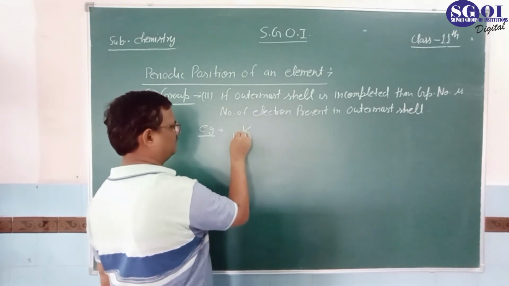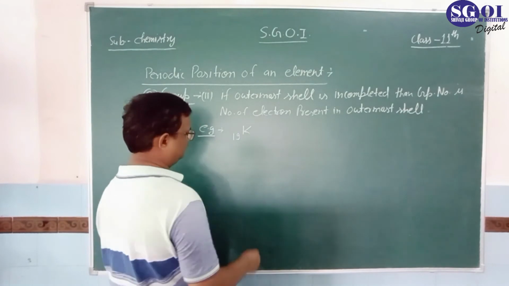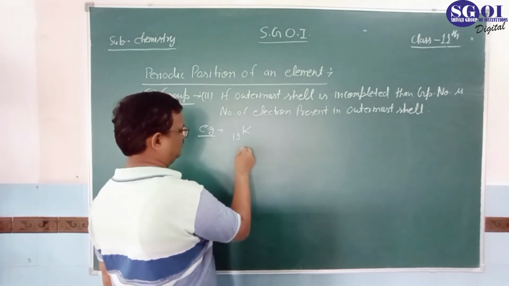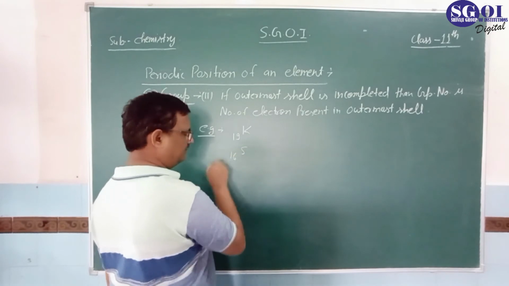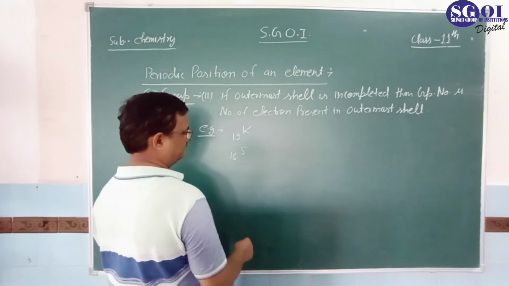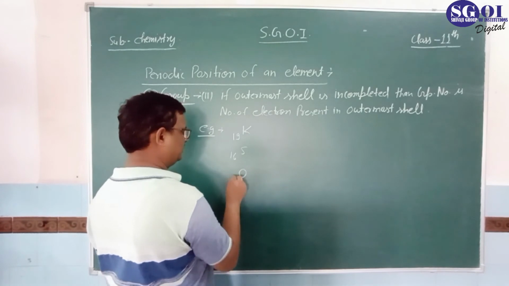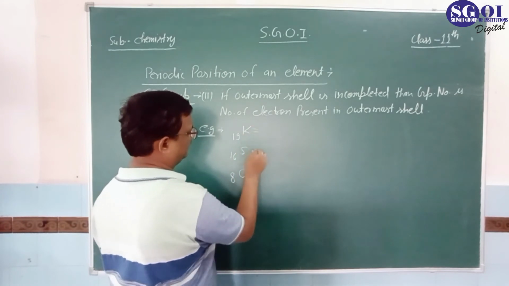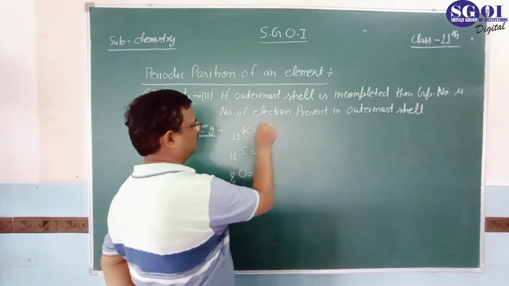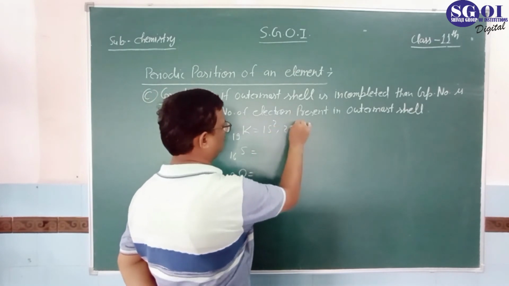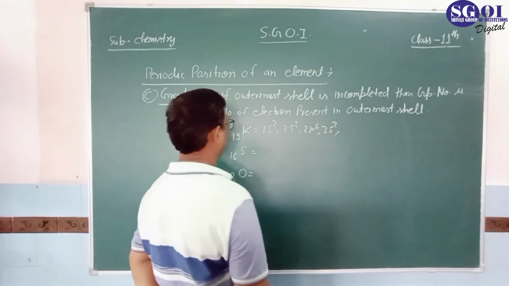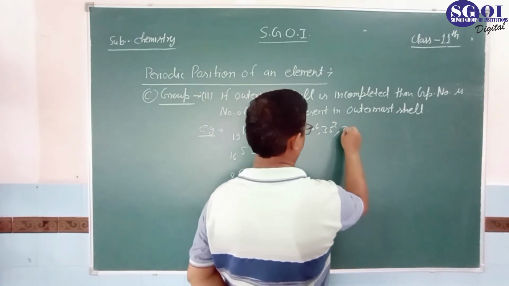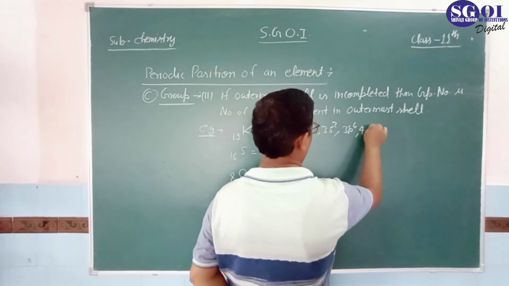Potassium is the atomic number 19, and sulfur is 16. One more example, oxygen is 8. This is 1s2, 2s2, 2p6, 3s2, 3p6 and 4s1.